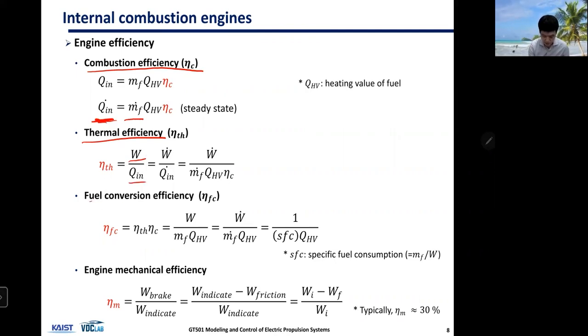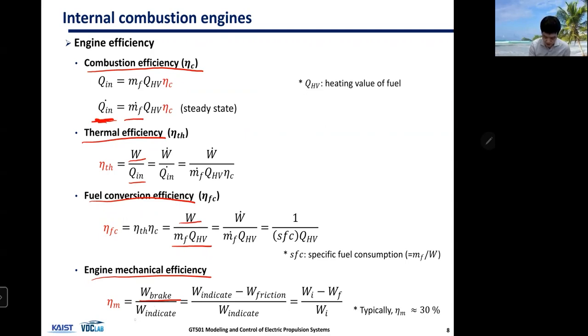And then there's fuel conversion efficiency, which is basically the work divided by fuel energy. And then there's engine mechanical efficiency, which is output brake work, which is the actual work we get after all the losses.